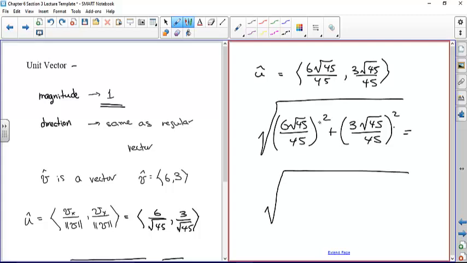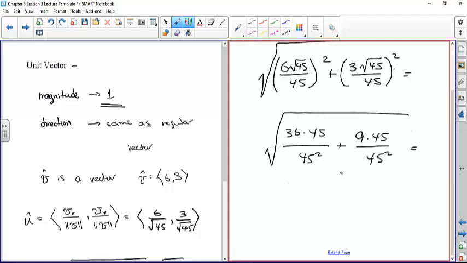So if we square this, we square everything. You've got 36 times 45. So 6 squared is 36, and the square root of 45 squared is 45. In the denominator we have 45 squared. Then we have 9 times 45 divided by 45 squared.